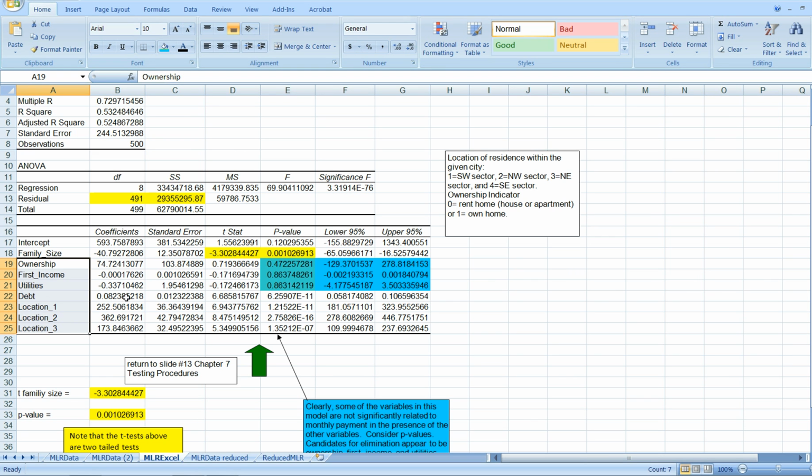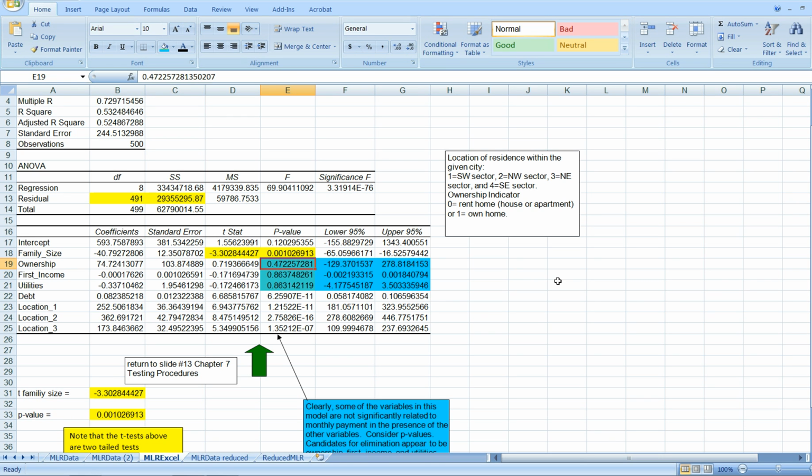Now, contrast that with the p-value associated with the test of the ownership regression coefficient. In this particular case, the test value found by taking 74.72 and dividing it by the standard error associated with the ownership regression coefficient gives us a value of 0.719. And more importantly, take a look at the p-value associated with that test. The p-value is 0.47.